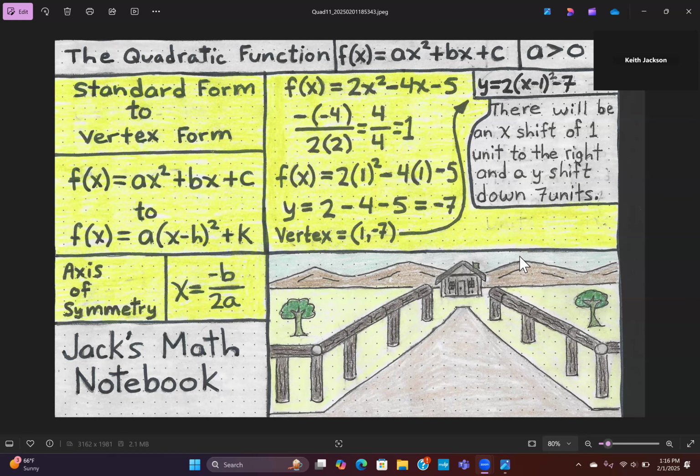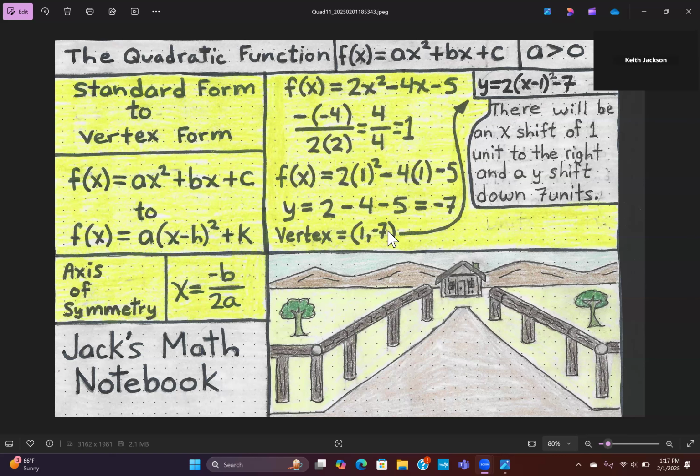All right, and so now with that in mind, we're going to plug that into our vertex form, which has x minus h squared. So we have our 1, which will go right in the place of h, because in this case, this x is really representing h. So now we have y equal to 2 times the quantity of x minus 1 squared.